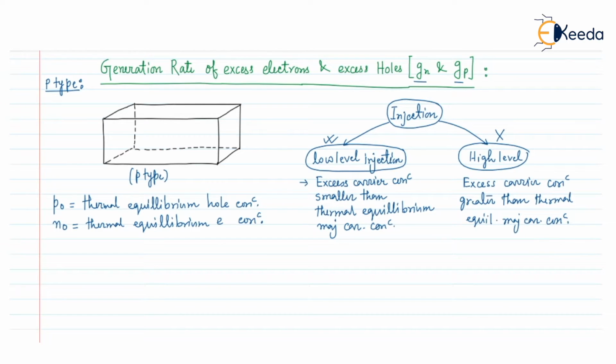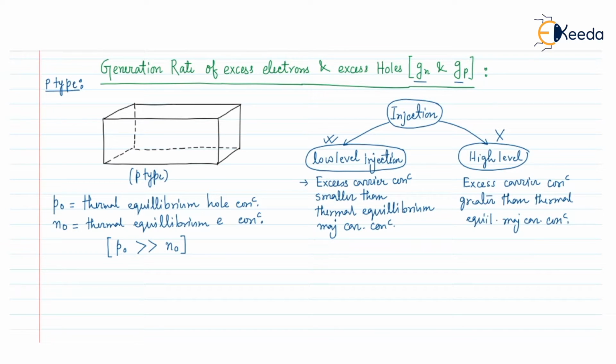So this is the situation before the incidence of light, that is at the thermal equilibrium condition. In this condition, the majority carrier concentration P0 will be very much greater than N0. That's why it is a p-type semiconductor.